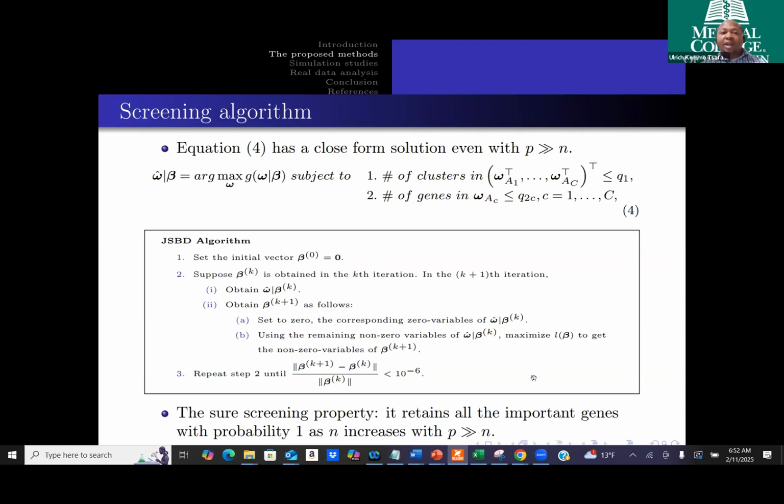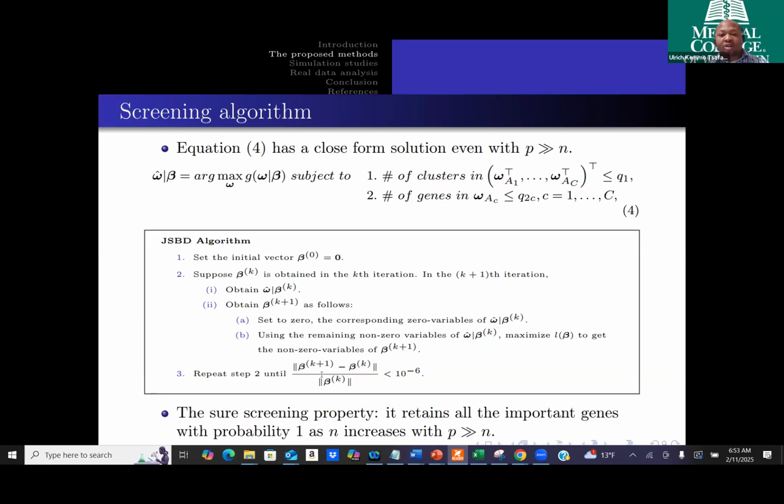Now by replacing the likelihood with this approximation, guess what? That equation now has a solution, and not only does it have a solution, that solution also has a closed form. We use that closed form to iteratively update the value of beta, as given in this algorithm, until convergence.